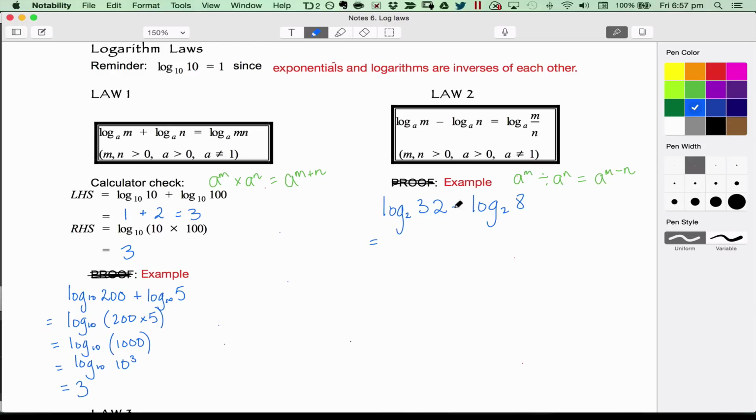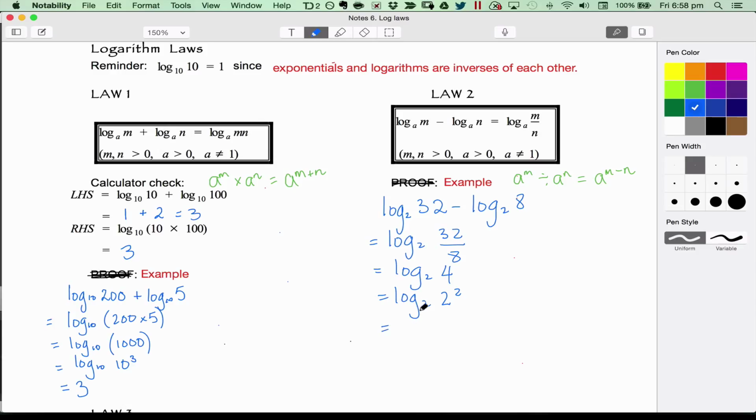We can go straight into log 2 of 32 divided by 8, which is the same as log 2 of 4, which we can further simplify. 4 is the same as 2 squared.